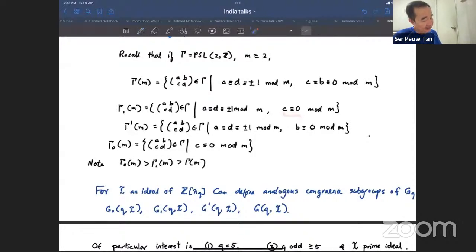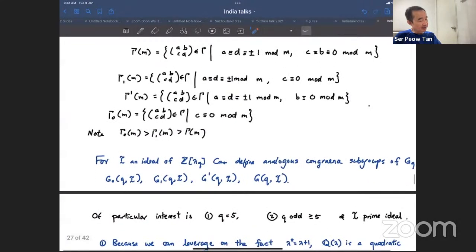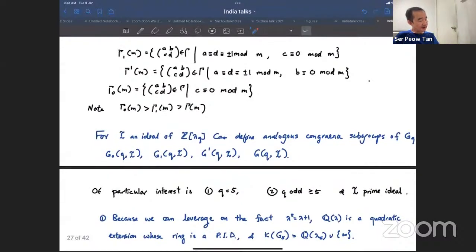And in the other case, B is congruent to 0. And then this one is also very important and often used: gamma 0 of M, where just the lower left-hand entry is congruent to 0 mod M. So all of these are congruence subgroups. This is called a principal congruence subgroup, and these are also different congruence subgroups of level M.